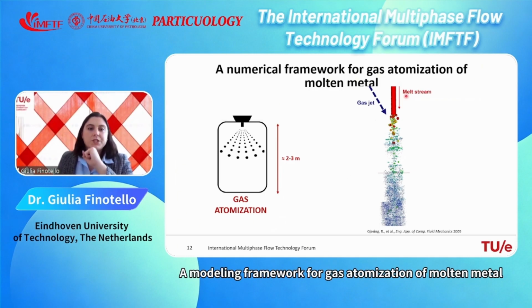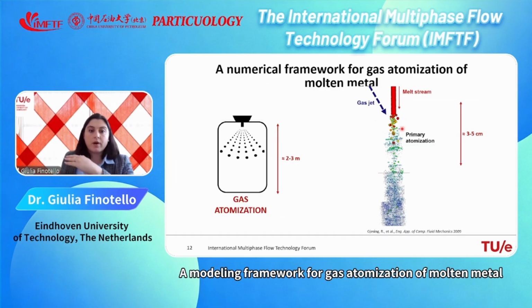When the melt stream and the gas jets are impinging, this happens in the first few millimeters, few centimeters of the process, and it's what is called primary atomization, where we are generating or seeing the long ligament formation and the larger droplets.